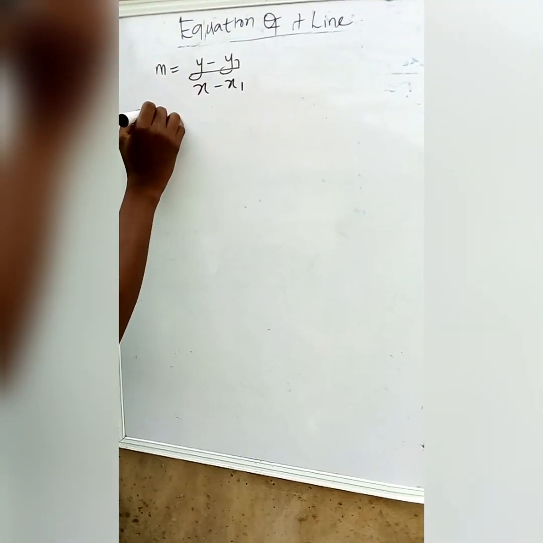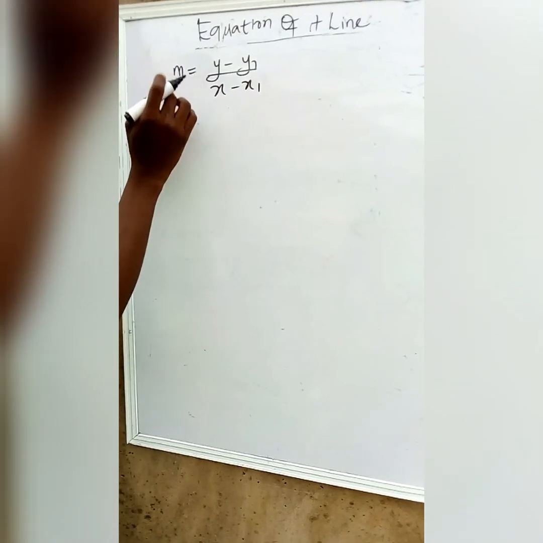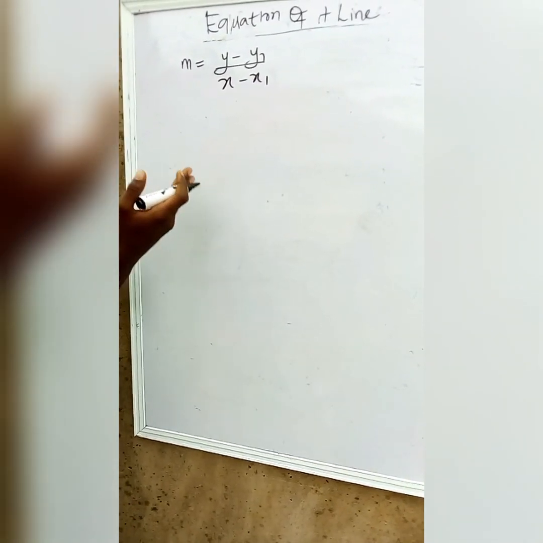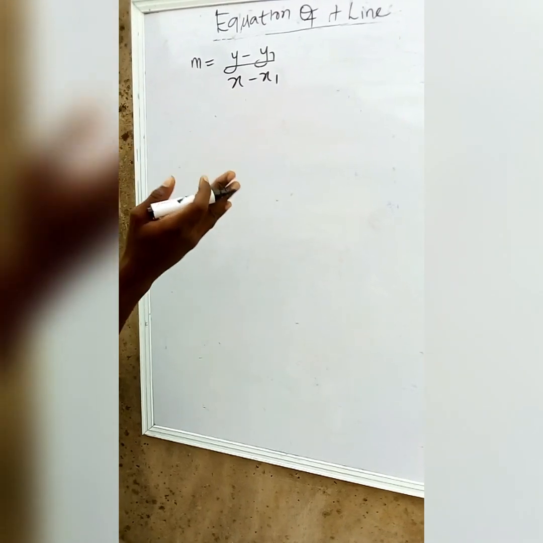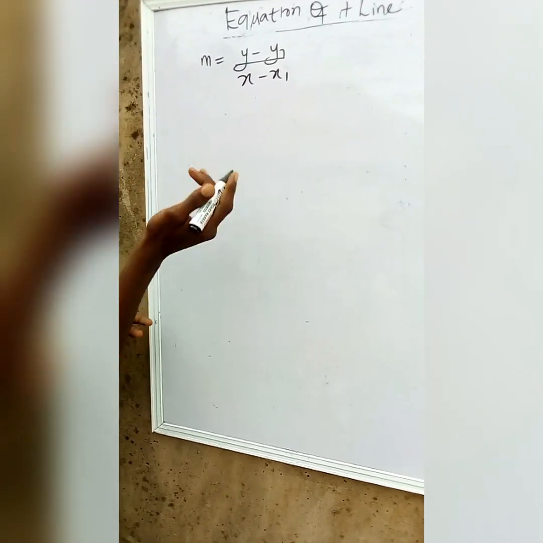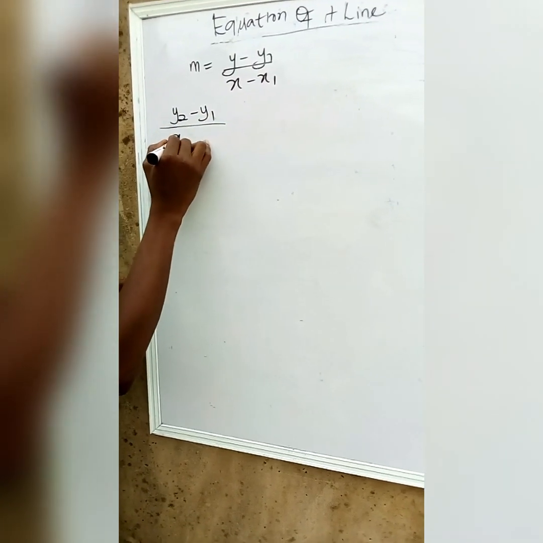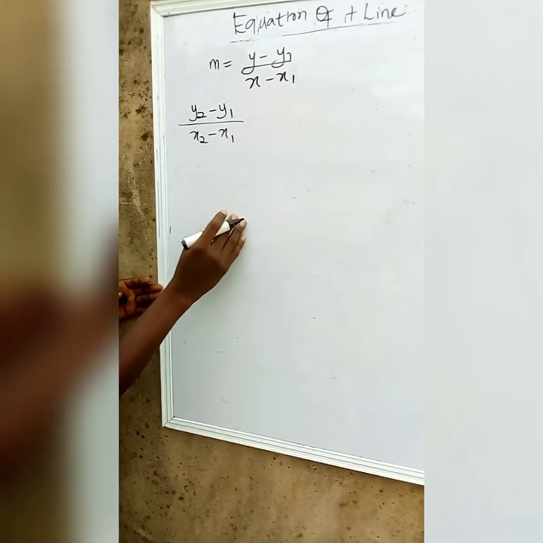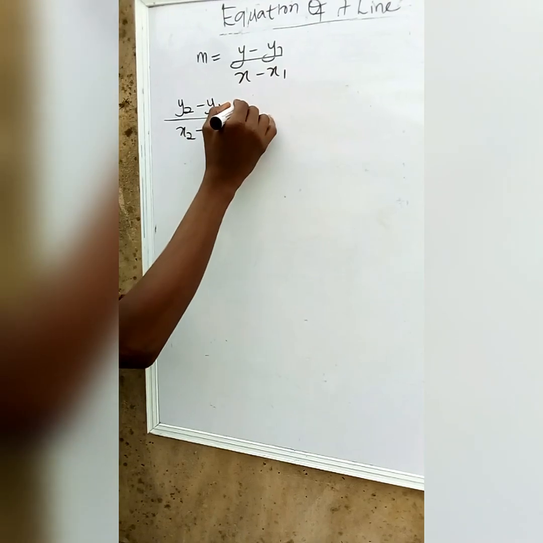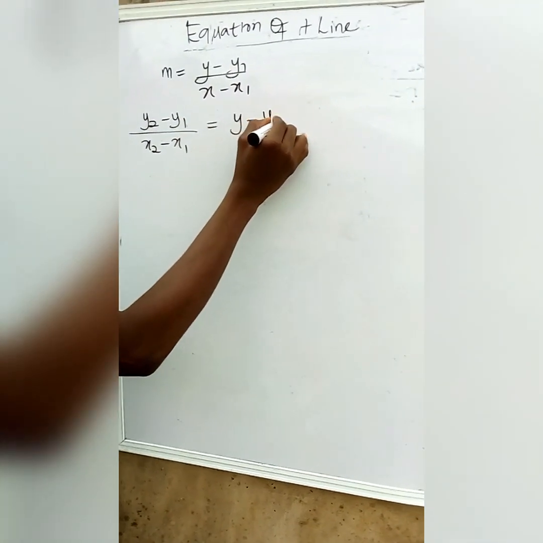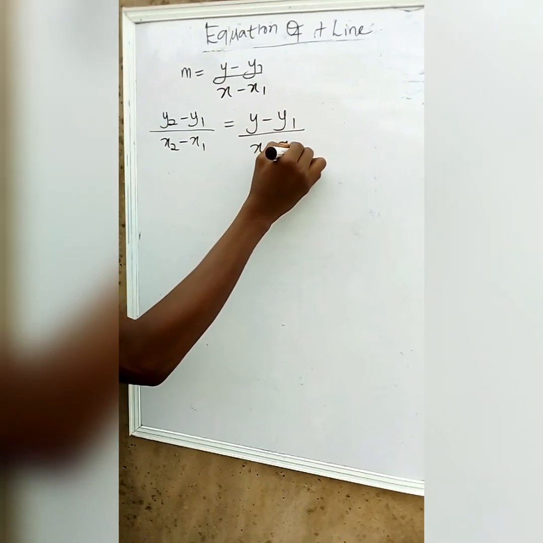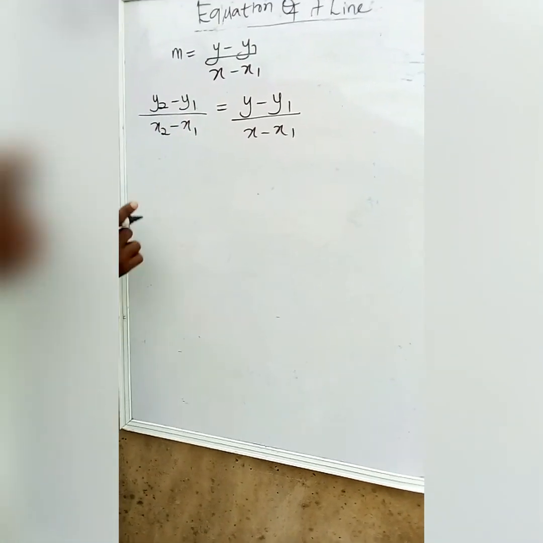So what's the formula for gradient, everybody? Can you recall? Don't forget, gradient is change in y with respect to change in x. That is y2 minus y1 over x2 minus x1. That's the formula for gradient. So the new formula for the equation of a line when you don't know your gradient is this.